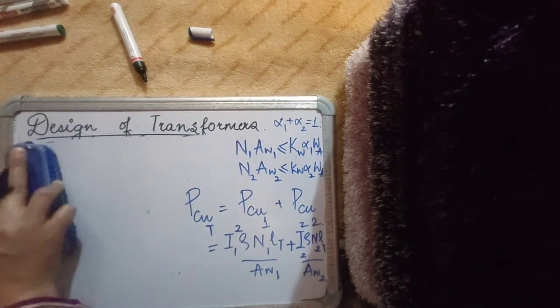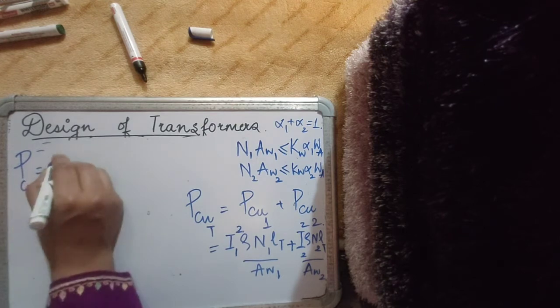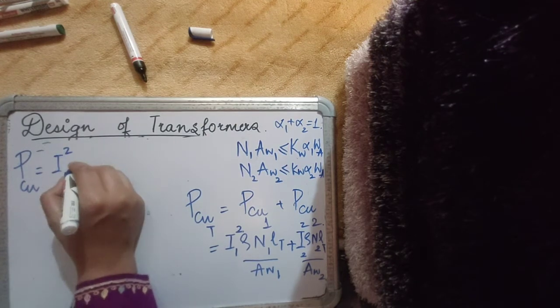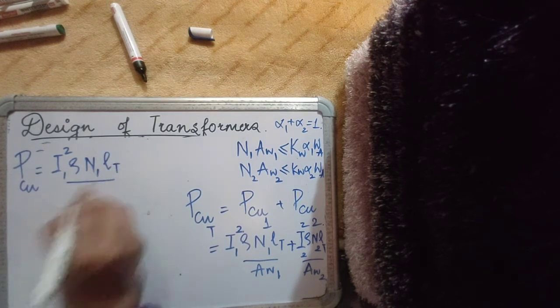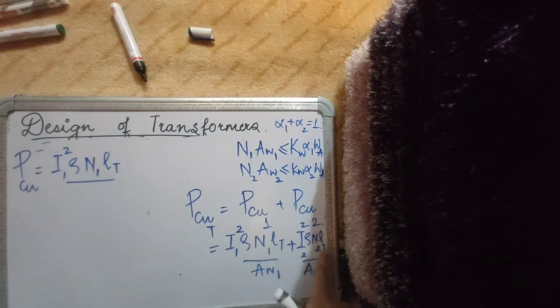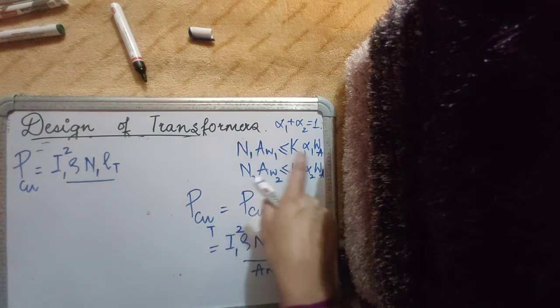So the total copper loss in the transformer winding will be equal to I1 squared rho N1 length per turn. The length per turn will be the same for both the primary as well as the secondary winding, because we are assuming that the limbs of the core have the same perimeter everywhere. Now the area of cross section of the winding, I can simply replace using this equation.